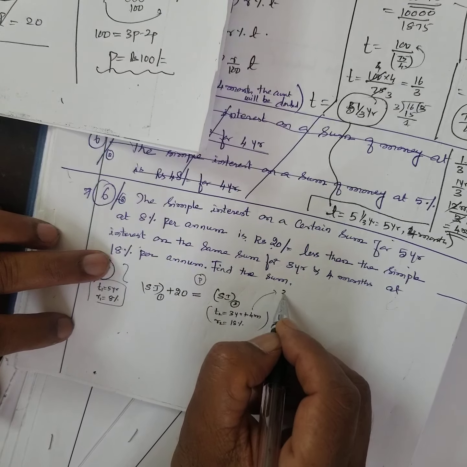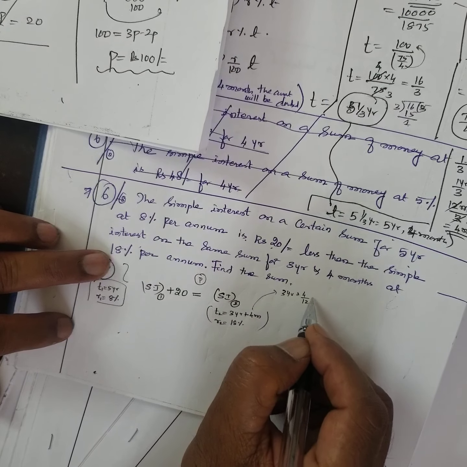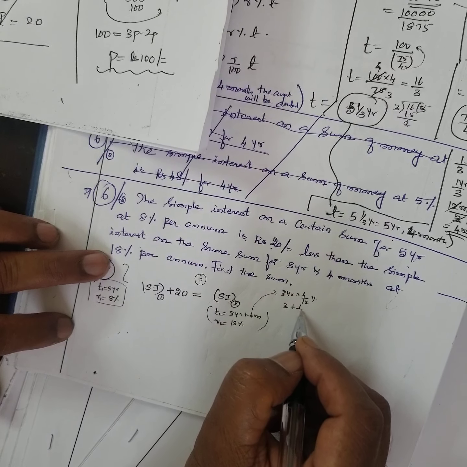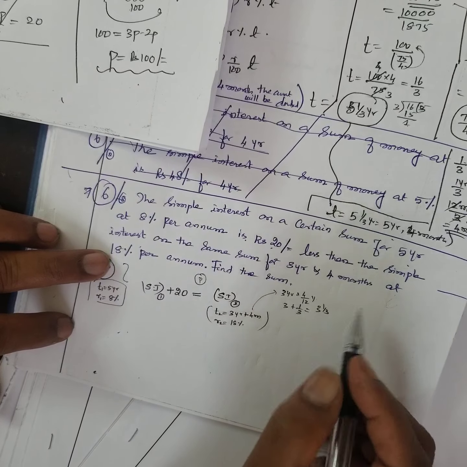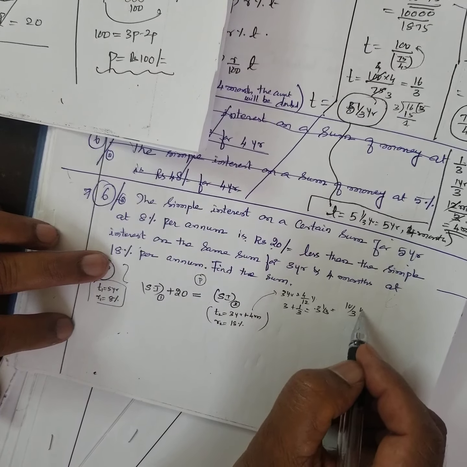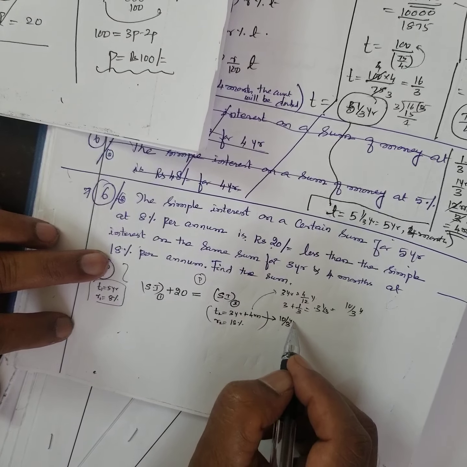That means 3 years plus 4 months means 4 by 12 year. That means 3 plus 1 by 3, or 3 1 by 3. This is 9 plus 1 by 3, therefore this is 10 by 3 years.